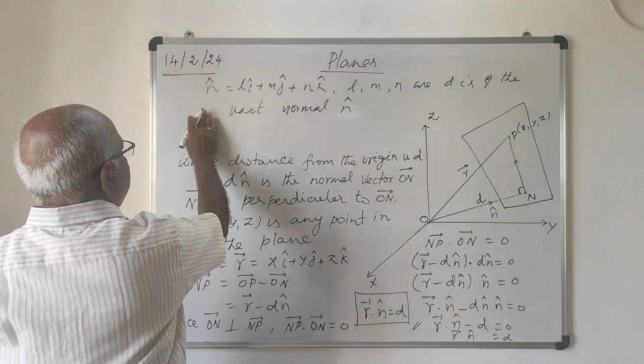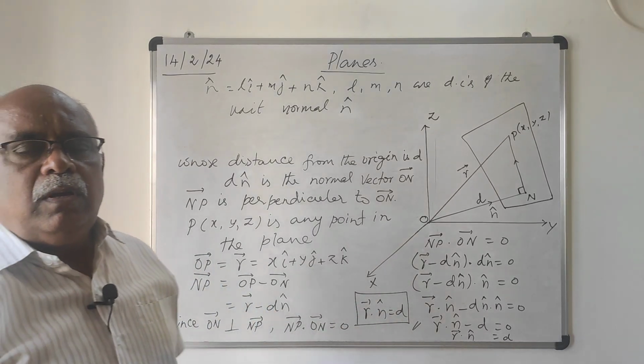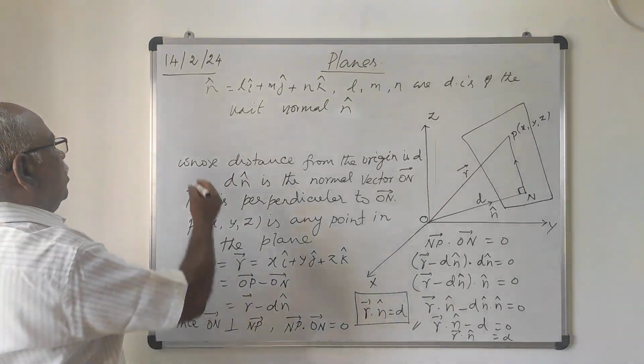This is the vector form, r dot n cap equal to d, of the normal equation, and now we need the Cartesian form.